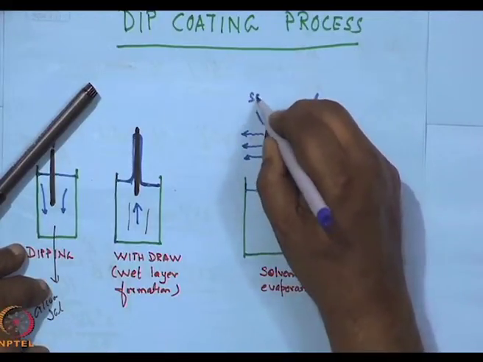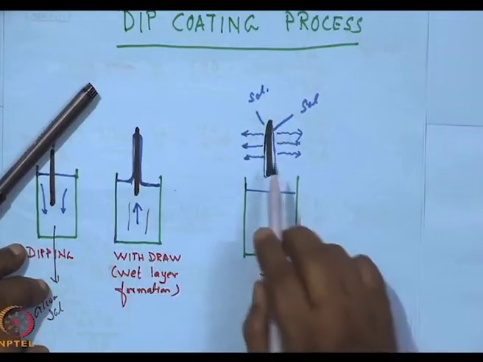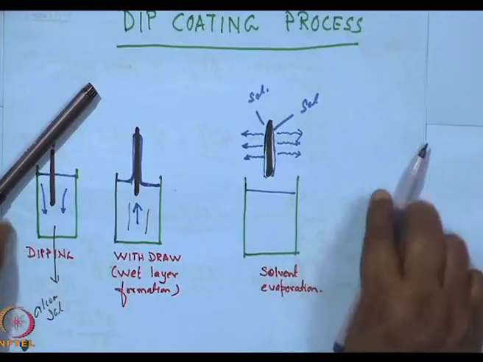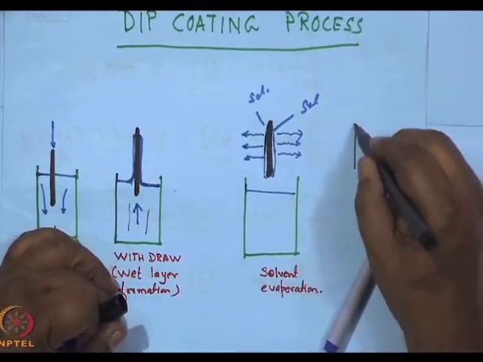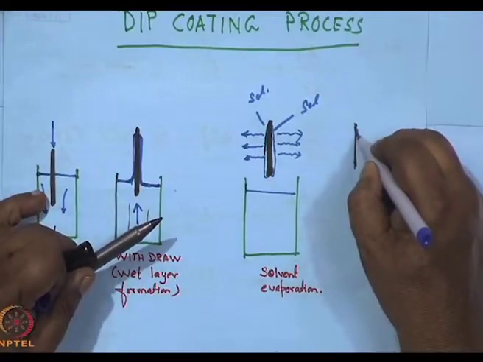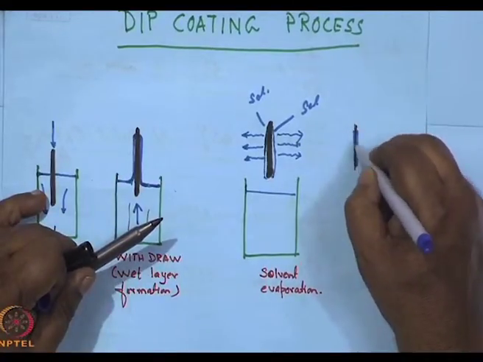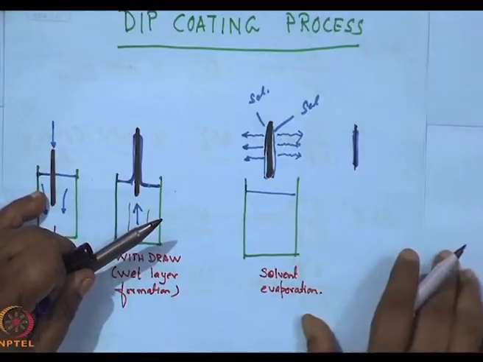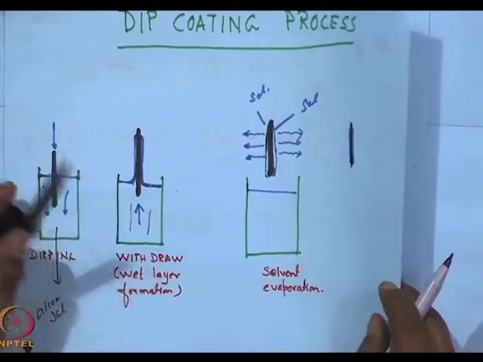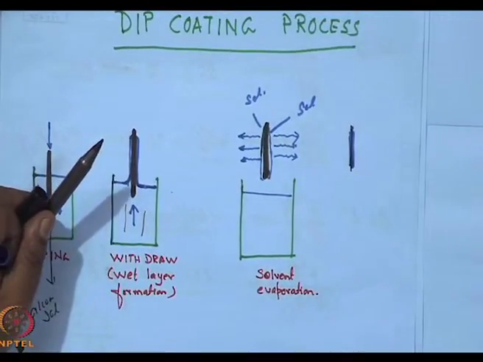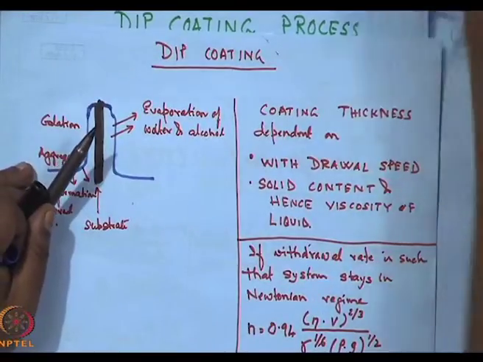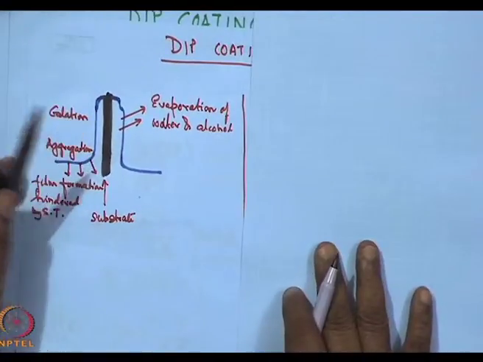The solvent dries off, leaving behind a substrate with a coating of the dried alkoxide gel. Now, it has to be then heated and sintered. But before I get into that, let me look at it in a little more detailed fashion.